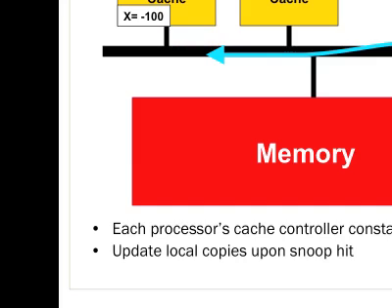When the processor updates the value, it will generate a signal on the bus to say that I'm going to do a write. By the way, because it's write-through, when it writes the cache, it will write through to the memory.